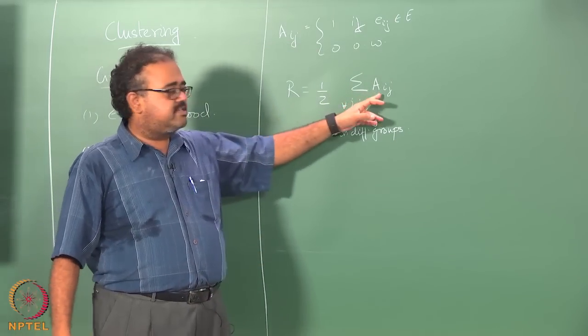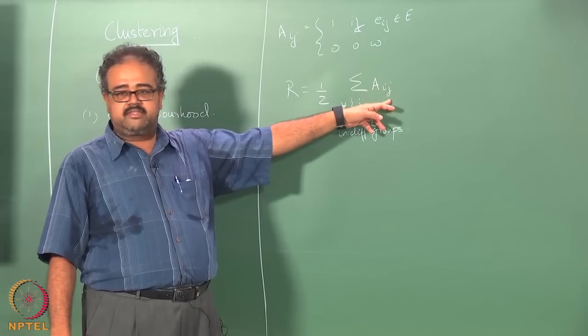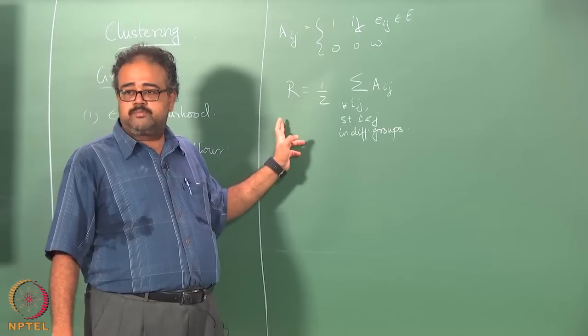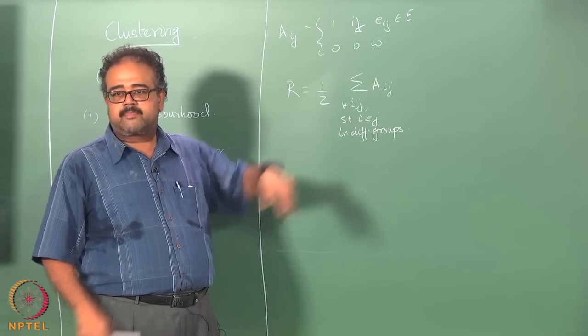So the cut value is essentially, I will sum up all this Aij such that i is in one group and j is in the other group, okay.